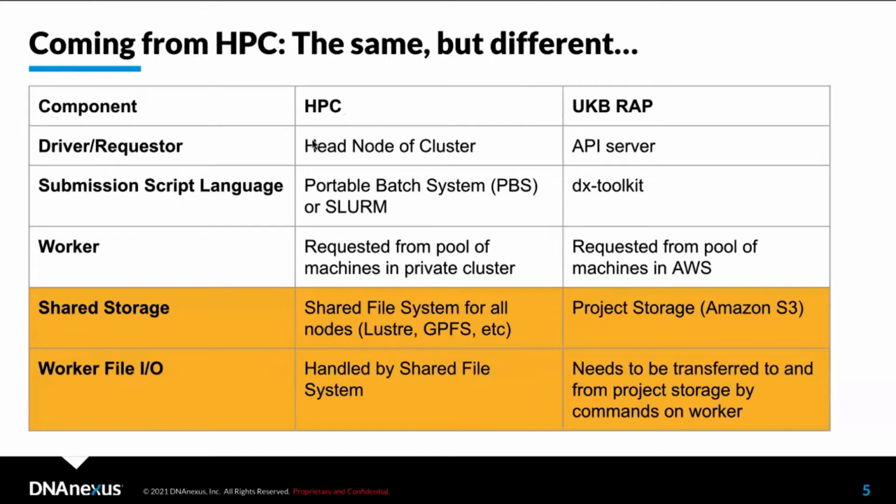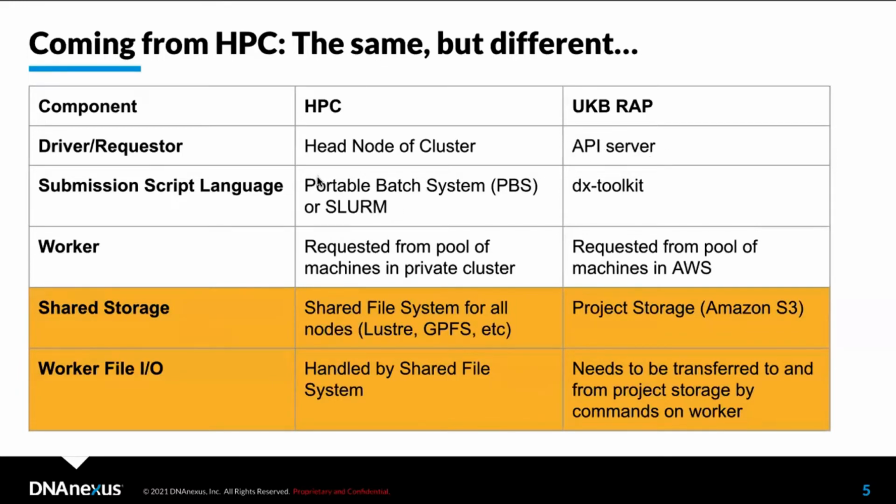A lot of the concepts map directly. When you are working with HPC, you SSH into the head node of the cluster. That's your main point of interaction. But with UKB RAP, your main point of interaction is the API server.